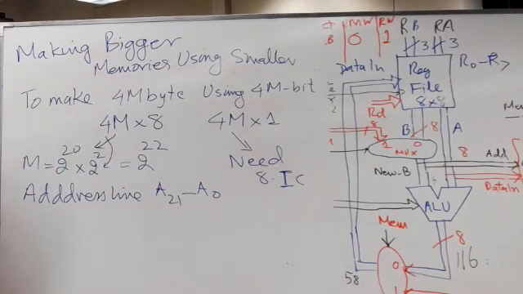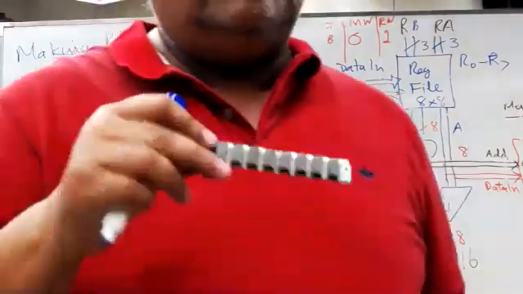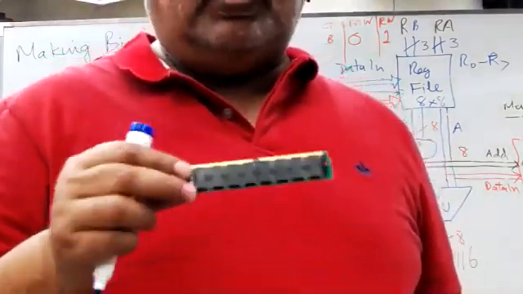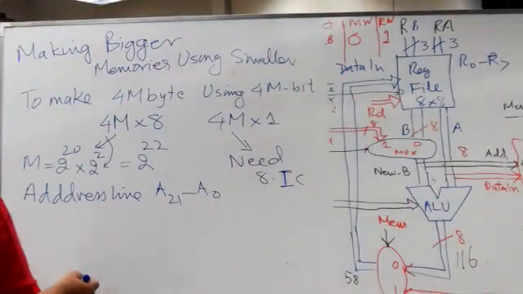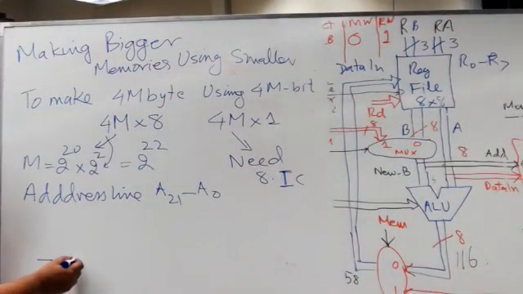One over here, you've seen this. These are ICs, each of them has 1 bit memory. Or how they make this using 1-bit memory. So what they do is that they have 21 address lines coming.